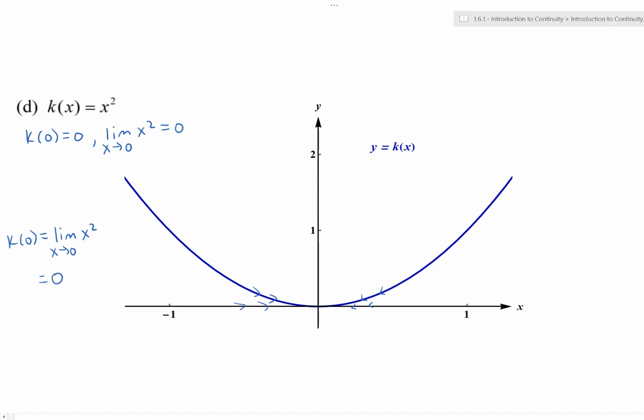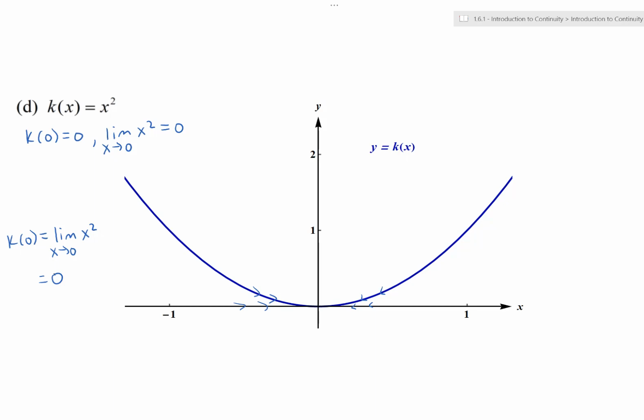Now, this right here, part D, is an example of a function behaving quote-unquote nicely, if you will. We call that continuity. And so we can see there's certain things that need to be satisfied in order for that to happen. We need the function to be defined there.